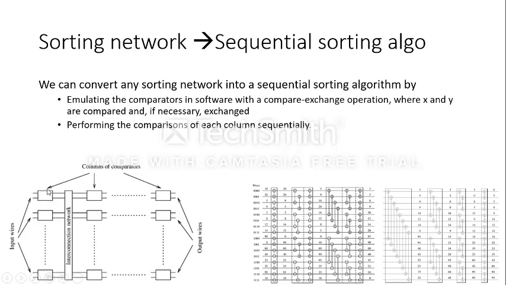So a single column is converted into a sequence of N functions: first the output of this particular comparator will be executed, then the output of this comparator, and so on.